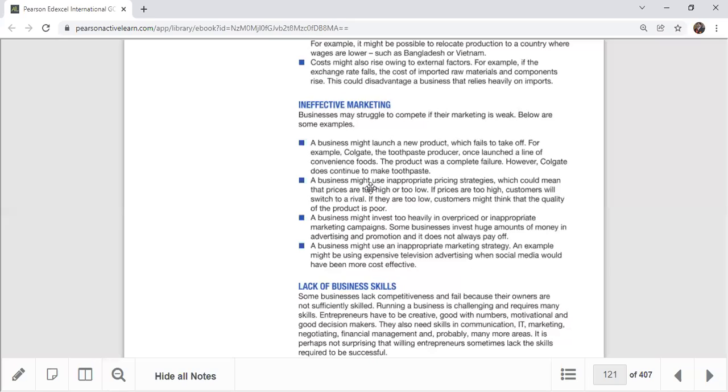That's usually the nature of products and the nature of business. Like Colgate, the toothpaste producer, once launched a line of convenience food, and sometimes a product can be an utter failure. However, they still continue to make toothpaste.